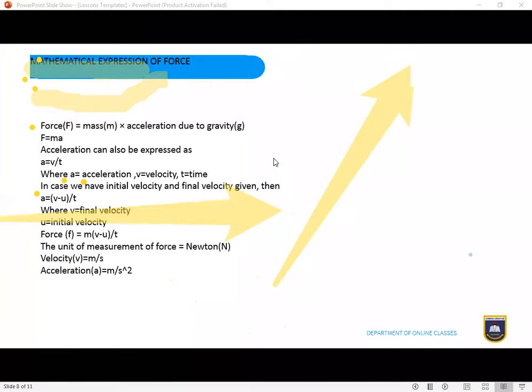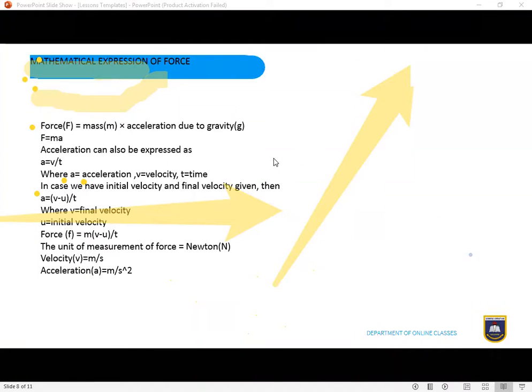And the unit for acceleration, please don't forget to write your units. In physics, units are very important. Without a unit, you will be marked wrong. So make sure anytime you finish your calculation, the units are attached to everything you do.